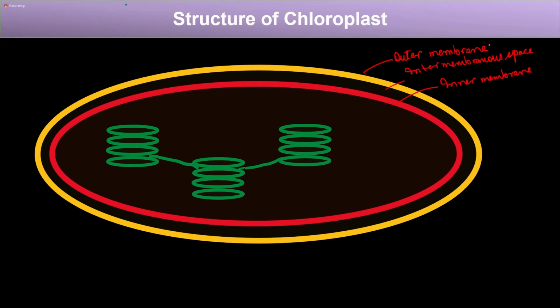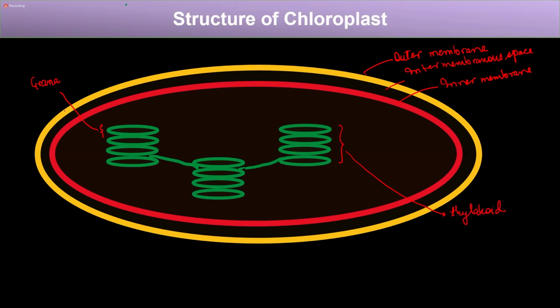Apart from this, we can see a stack-like organization. One unit of this stack is known as grana, and the complete stack is known as thylakoid.